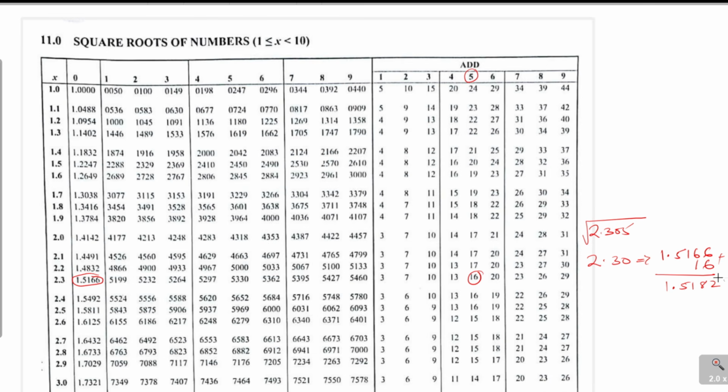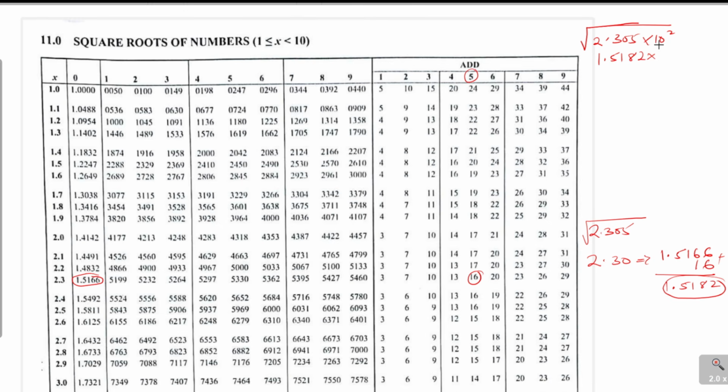1.5182, like that. That is what you're supposed to get. Now remember, we can just finish the question on this place. So we are getting the square root of 2.305 times 10 squared. The square root of 2.305 is 1.5182.